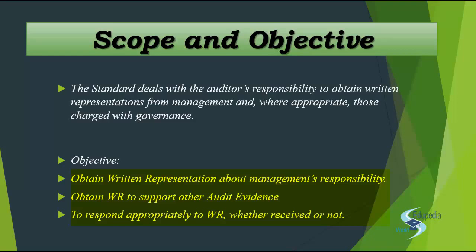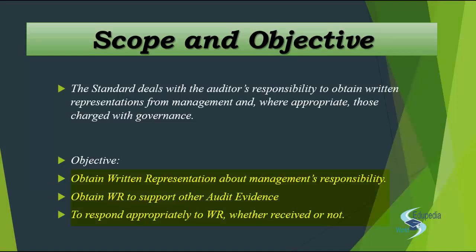This standard defines three objectives. Obtain written representation about management's responsibility. Number one, whatever is the responsibility, take it in writing, signed, documented with you. That if I'm stuck anywhere, this is the responsibility of the management. If they ask me to do any of these tasks, I'll show them that this is your responsibility and not mine, so please complete the task and give it to me. Second, you have some audit evidences you want to further support, then you go for the management representation.